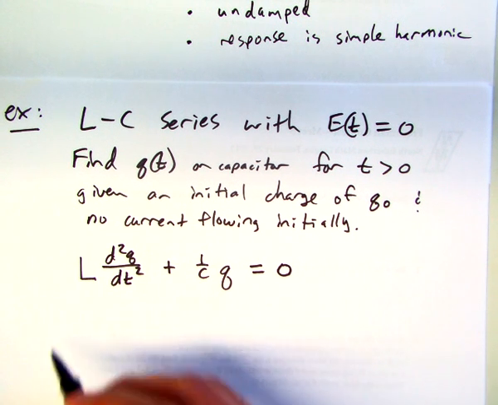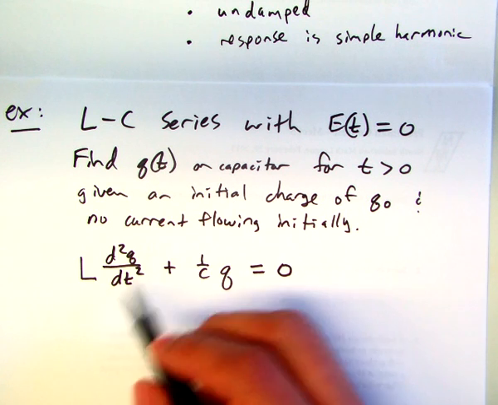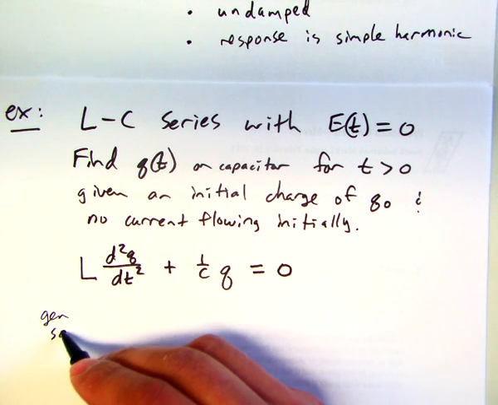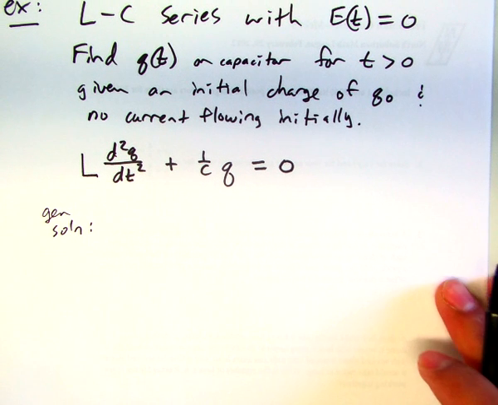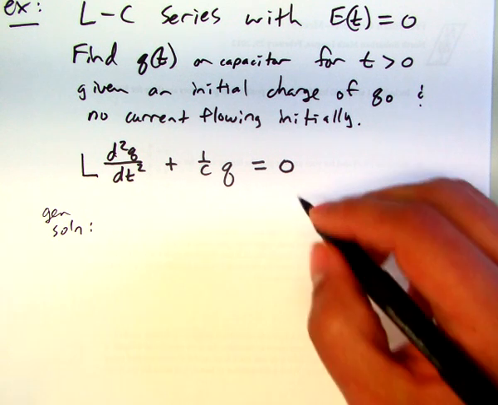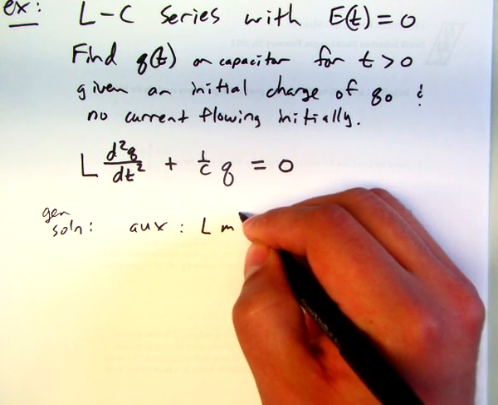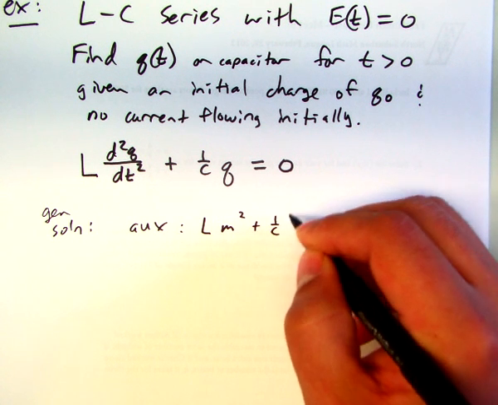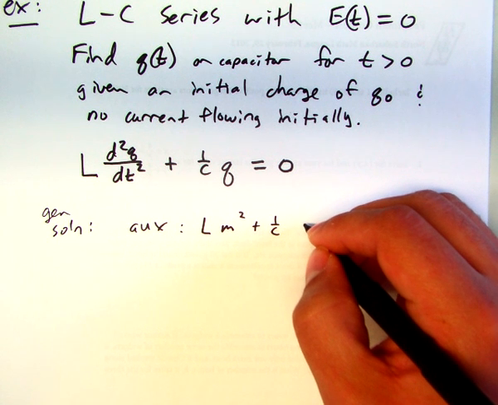So let's find the solution. The auxiliary equation would be L m squared plus 1 over C equal to 0.